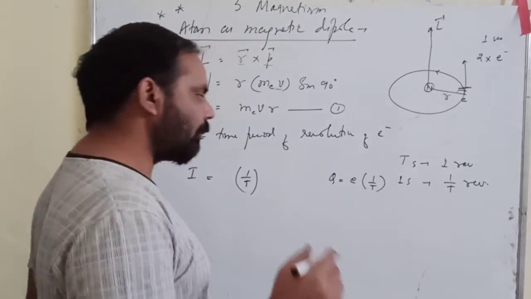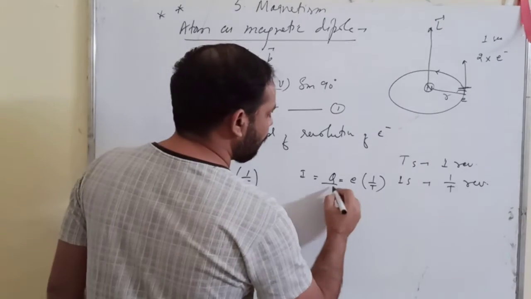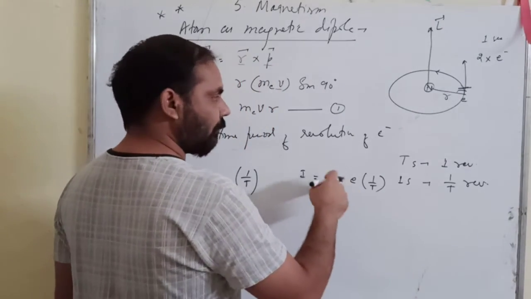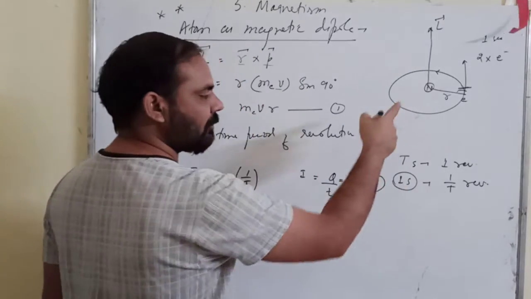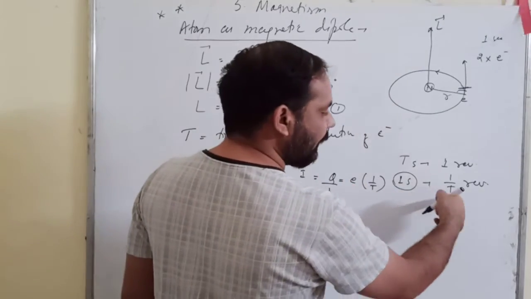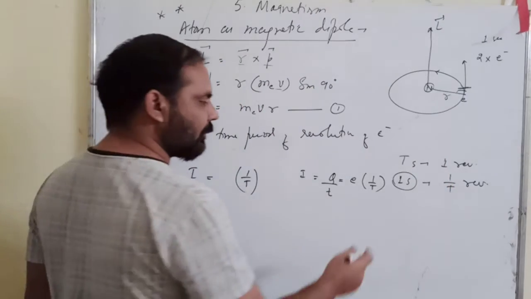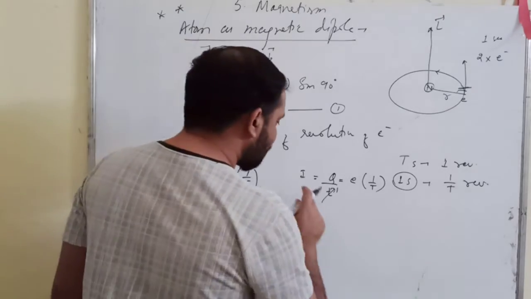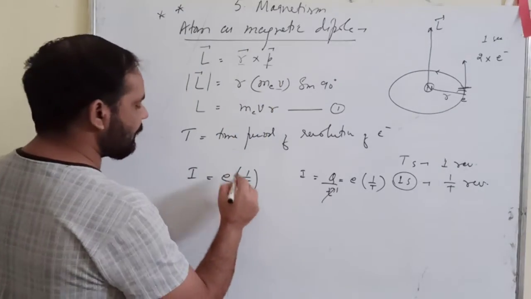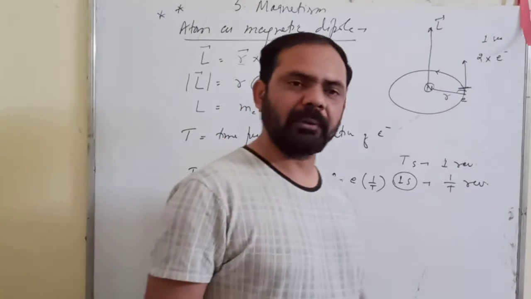Now how much will be I? I is equal to Q upon T. How much T are we taking here? 1 second, because we have already considered that in 1 second it makes 1 by T revolutions. So I is E into 1 upon T.